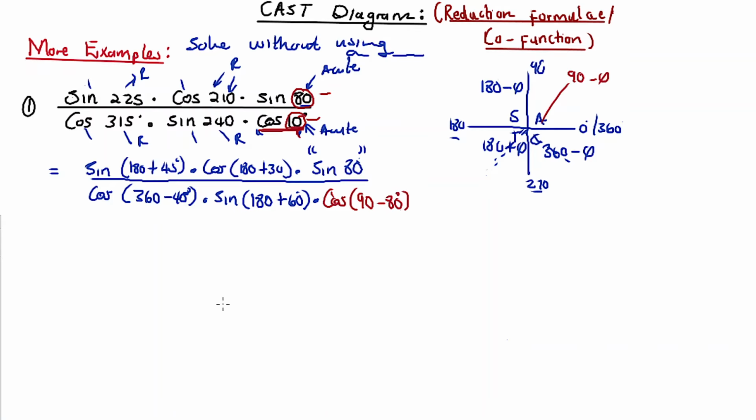So let's continue solving. This is equal to 180 plus, it's in the third quadrant, and sine is negative.